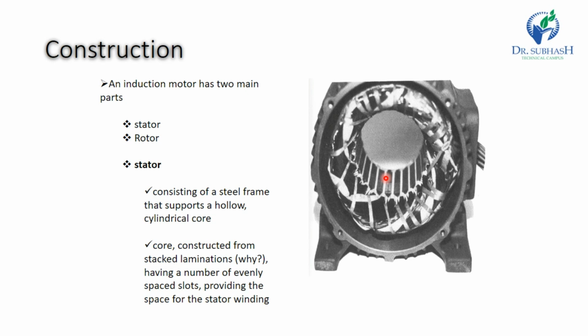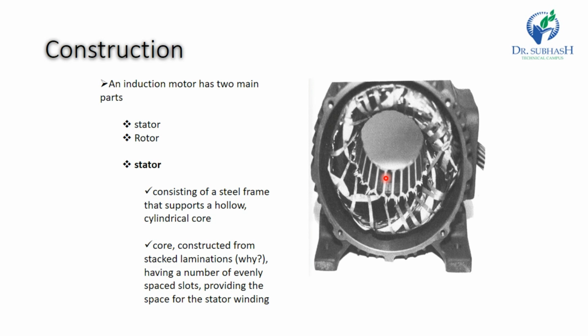But in open type slots, the leakage flux is higher and output is lower, but the cooling is much better. So we use open type and semi-closed slots much more.